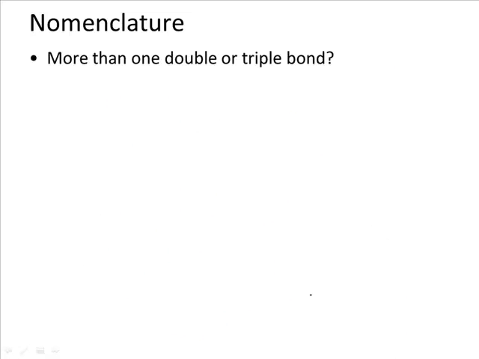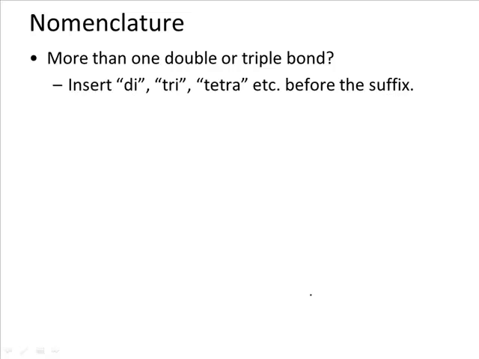Many molecules contain more than one double or triple bond. When that's the case, we have a shortcut that allows us to efficiently name the molecule. Because it's much more common for us to run into this with double bonds rather than triple bonds, I'll focus on those here, but I assure you the rules are the same for triple bonds. We use the same prefixes that we used when we had multiple branches of the same type.